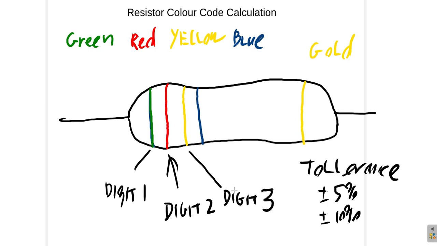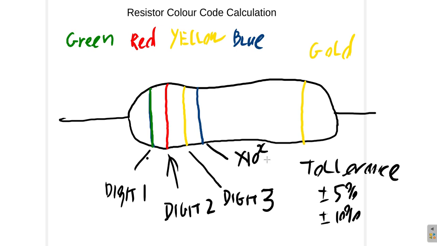So we have the first color is digit 1, the first digit. Second color is the second digit. Third color is the third digit. The 4th color is a multiplier. It tells you times 10 to the what power, right? 10 to the x.